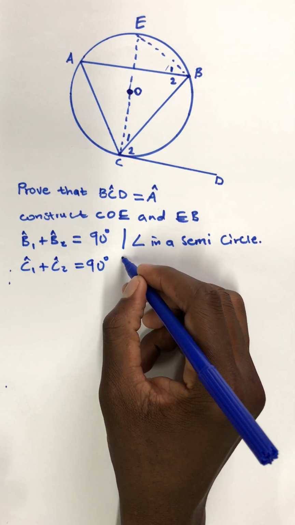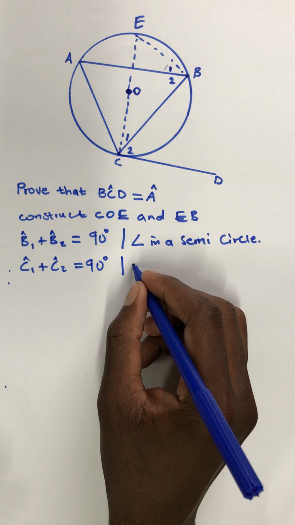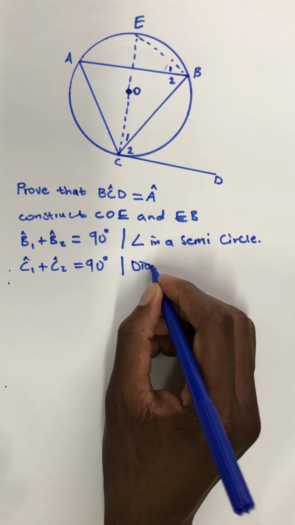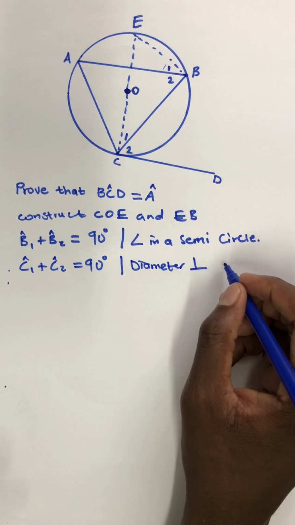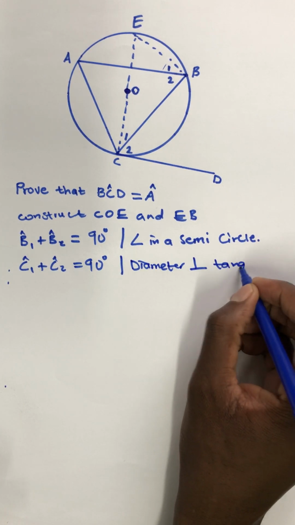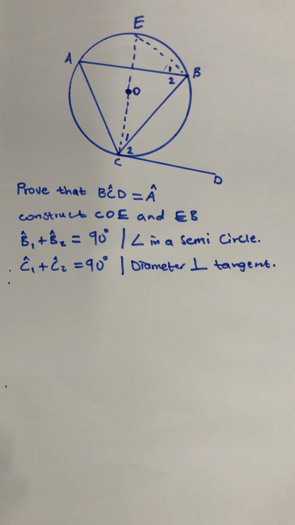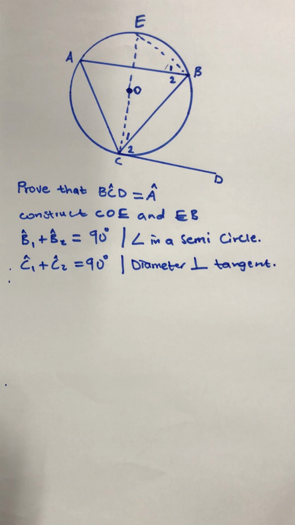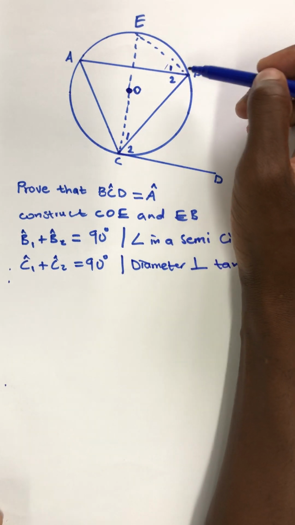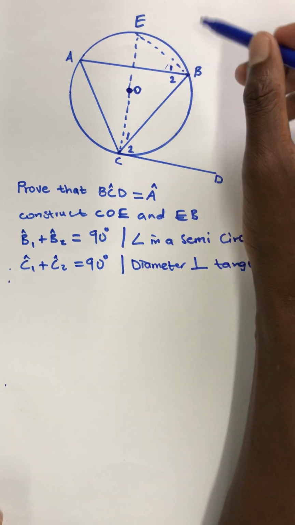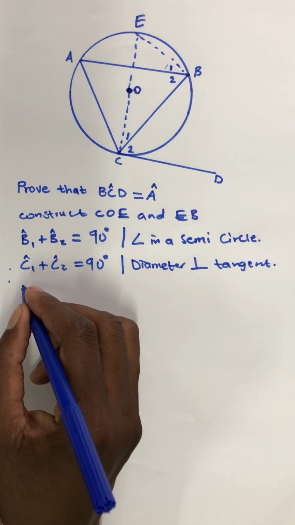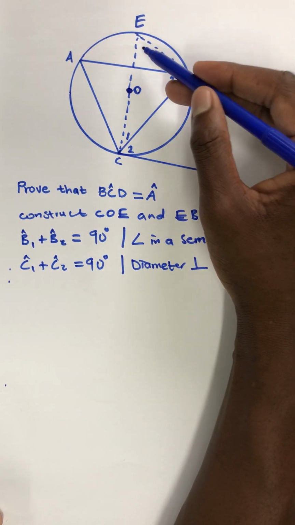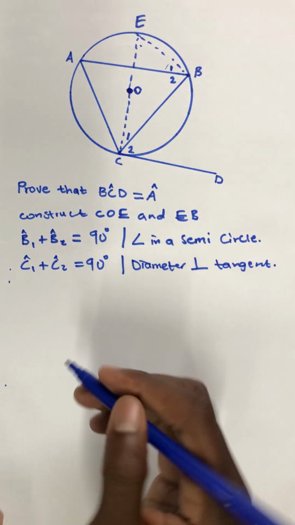So the reason is what? It's a diameter perpendicular to the tangent. The diameter perpendicular to a tangent, therefore 90 degrees. Since this is 90 degrees and this is a triangle, this angle plus this angle is 90 degrees.